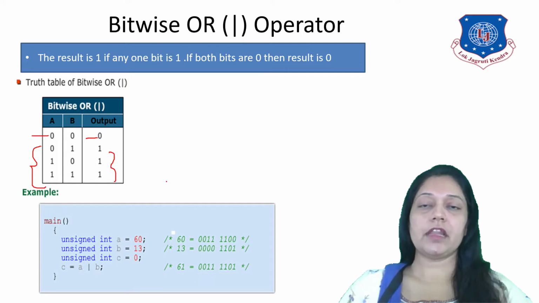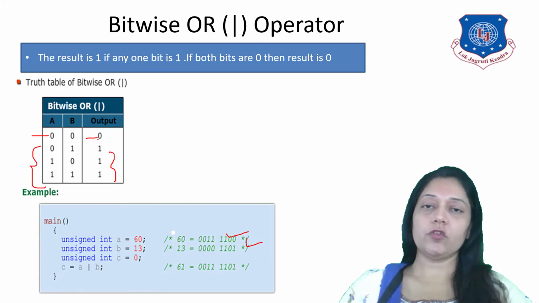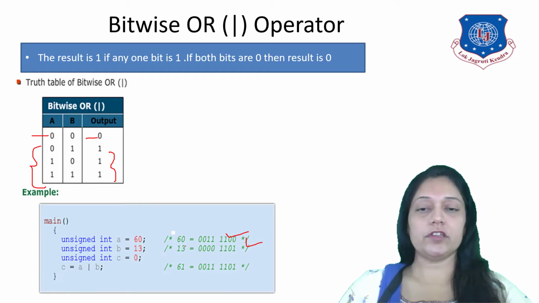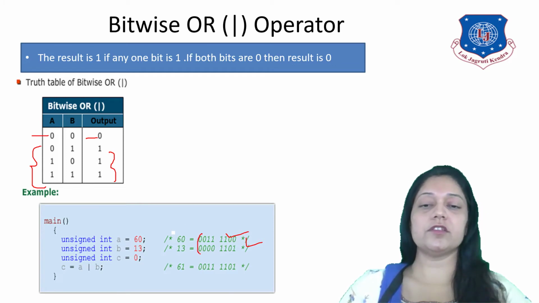Let's see an example of how you are going to use the bitwise OR operator. Again, I have taken two variables A and B, equal to 60 and 30. This is the binary value of A and B. Apply the bitwise operation: if both bits are 0, the output is 0, and if any bit is 1, the output is 1. The first bit is 0, so the output is 0.